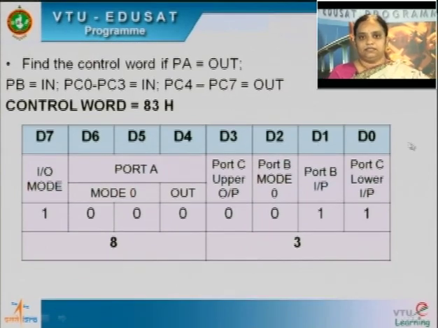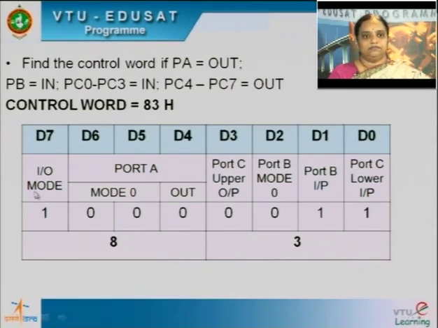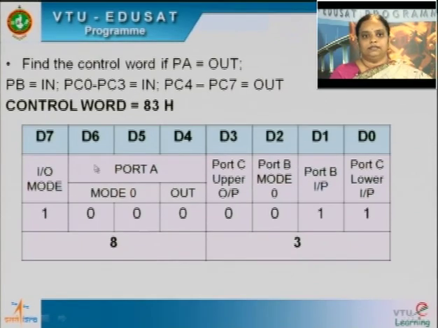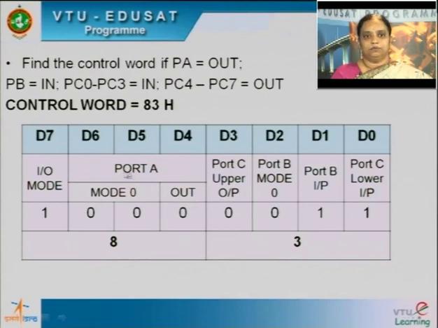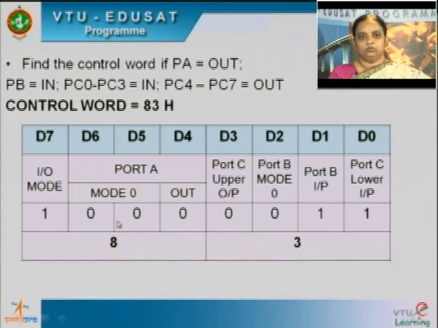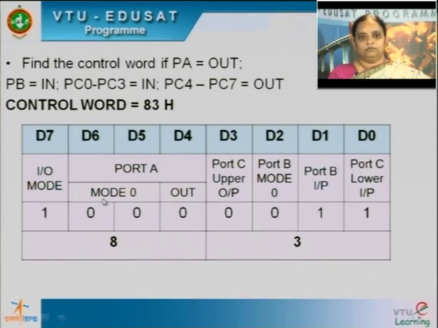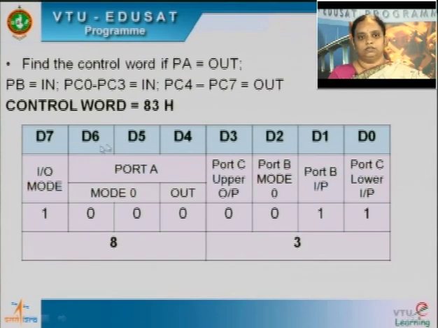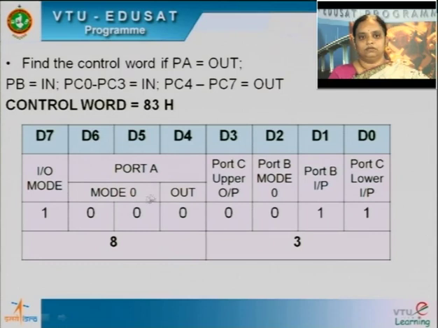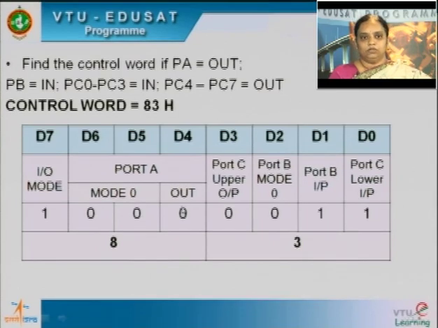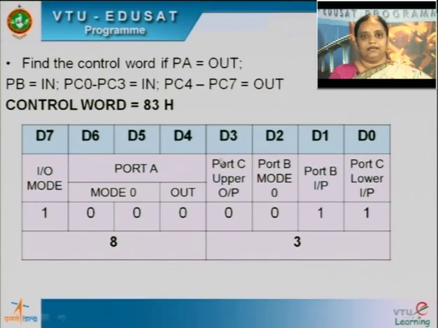So expand D0 to D7, the D7 is 1 for IO mode. Then we have group A signals, port A mode, 3 modes it can have, that is the 2 bits, simple mode 0, so these 2 bits D6 and D5 will be 0 0, and port A is output, so 0. Then we have port C upper, and this port C upper is output, so that is 0.